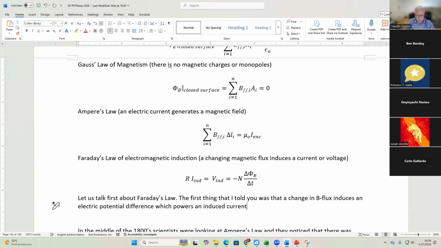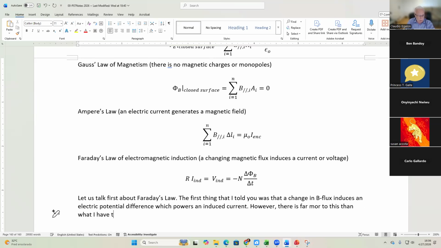Induced current. That's what I told you. However, there is far more to this law than what I have told you.